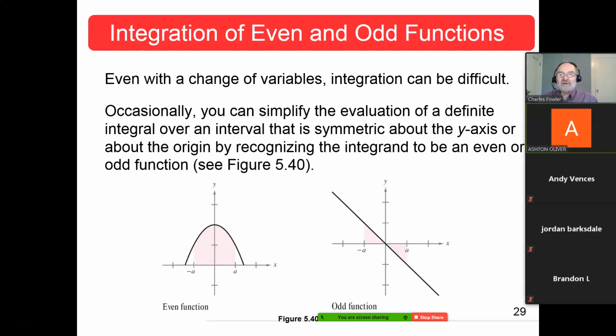Even with the change of variables, believe it or not, integration can be difficult. Occasionally, however, you can simplify the evaluation of a definite integral over an interval that is symmetric about the y-axis or about the origin by recognizing the integrand to be either an even function or an odd function.